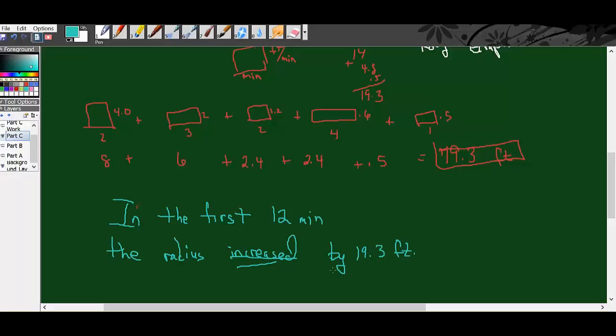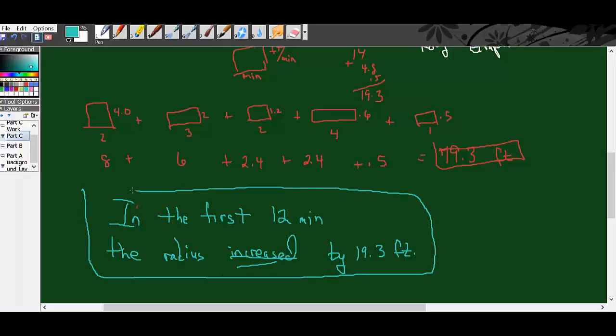Okay? The radius increased by 19.3 feet. You cannot say the radius is 19.3. You say the radius changed by a positive 19.3, or somehow you make sure you let them know that you understand that that's not what your radius is. That's how much your radius has changed.